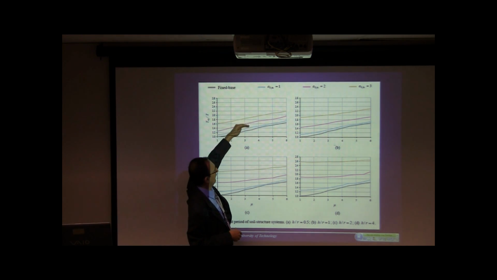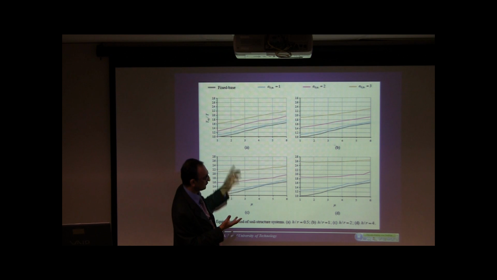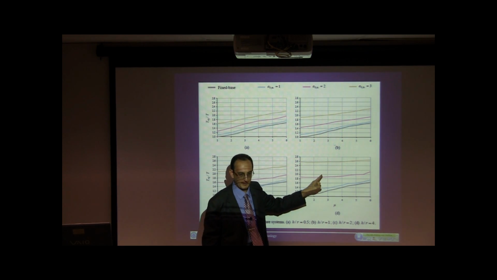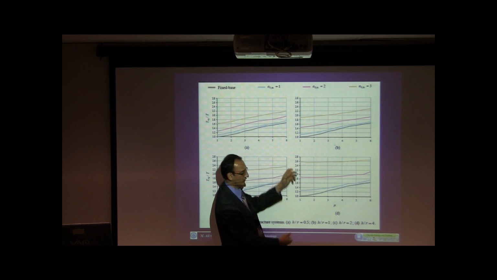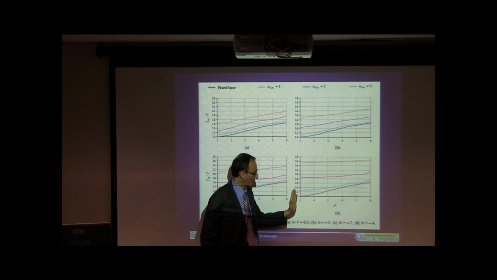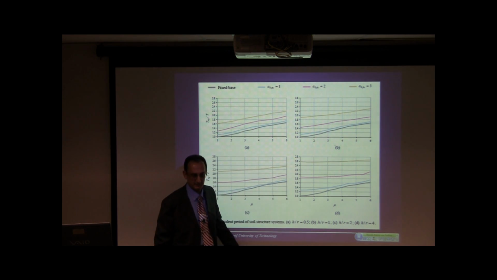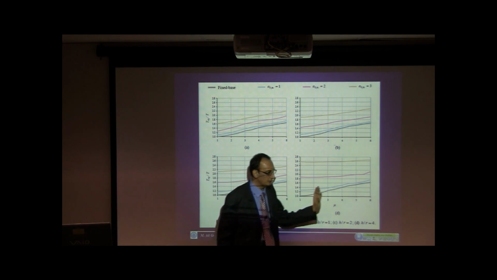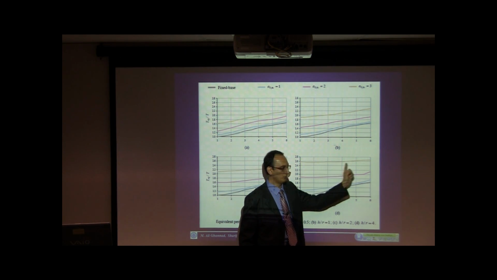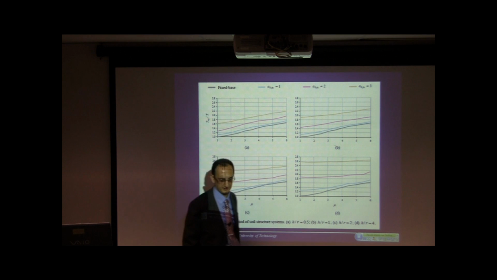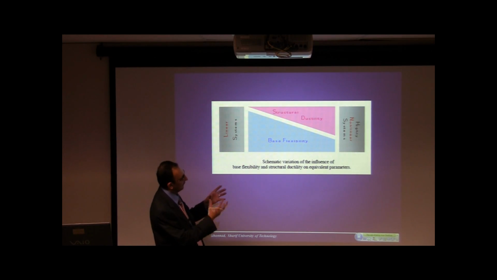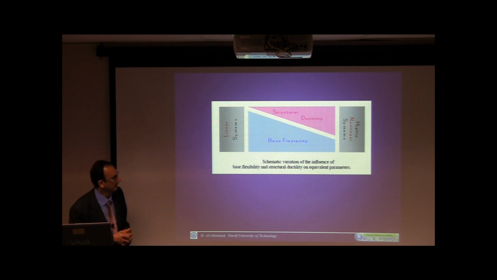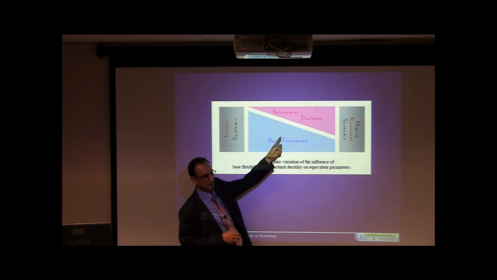This is almost parallel here for the squatty structures. But when you come to slender structures, because you have a large elongation even in the elastic case, when you go to the right, it's almost constant. And one can say that it's a trade-off between base flexibility and the structural dynamics.